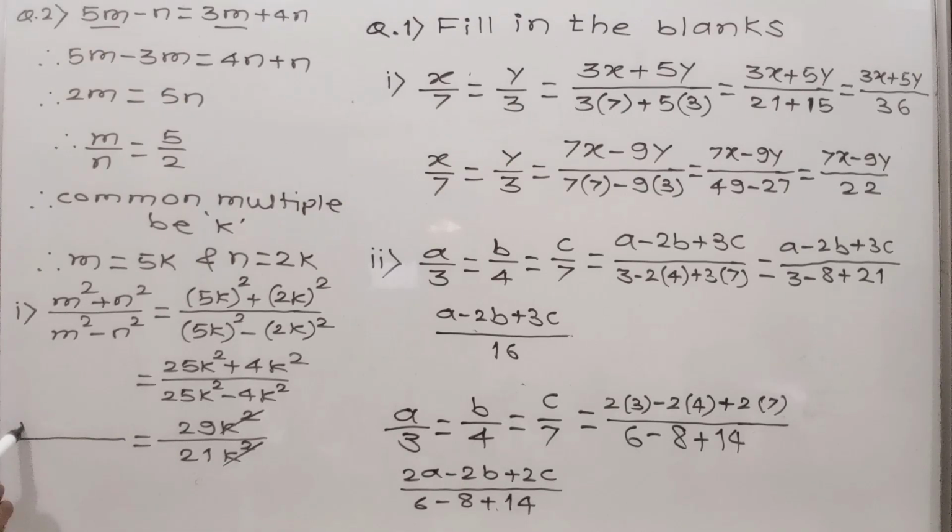So m square plus n square upon m square minus n square is equal to 29 upon 21.